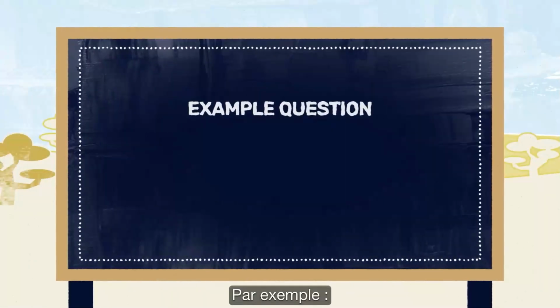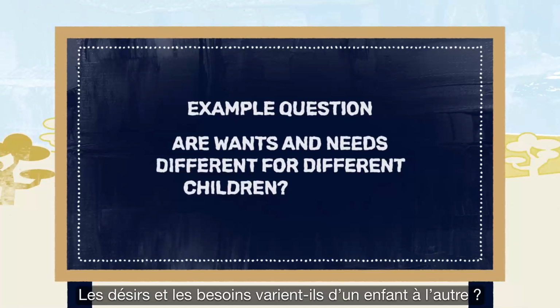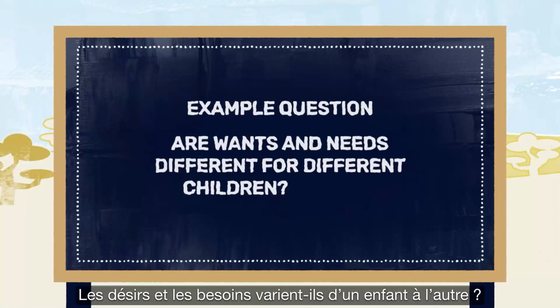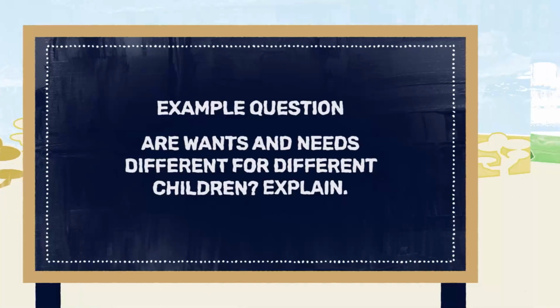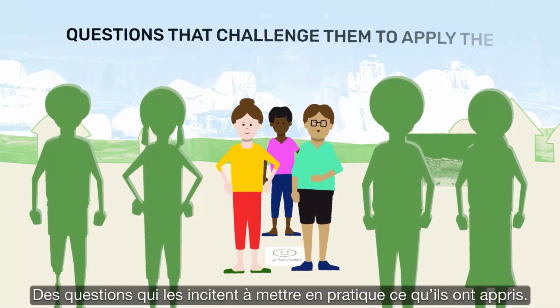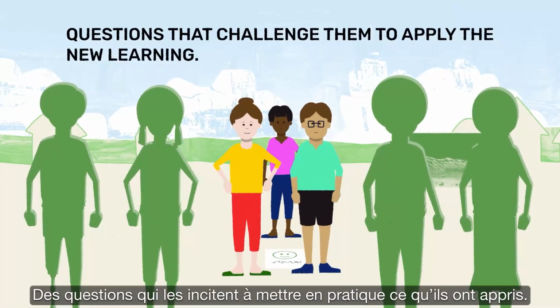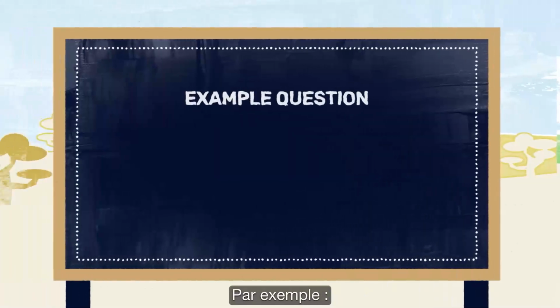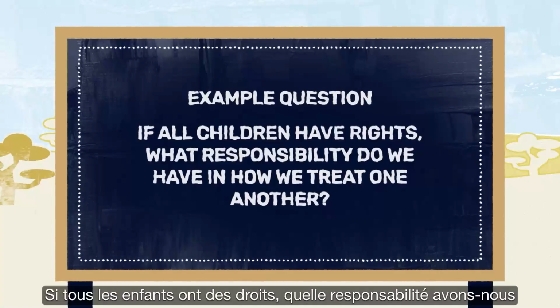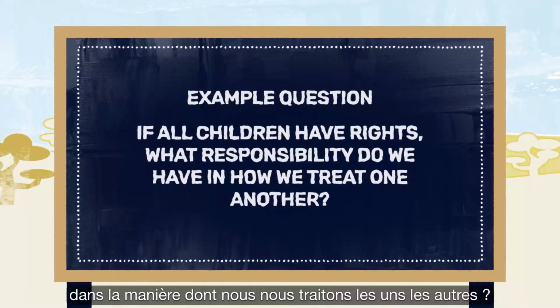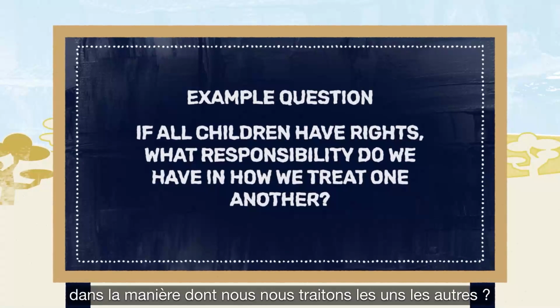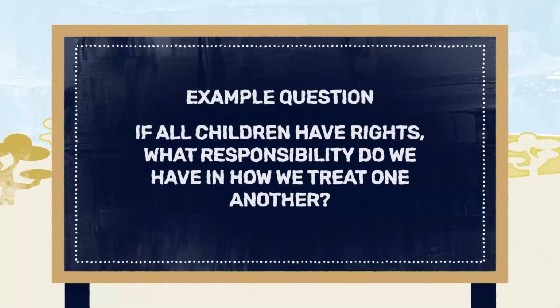For example, are wants and needs different for different children? Explain. Ask questions that challenge them to apply the new learning. For example, if all children have rights, what responsibility do we have in how we treat one another?